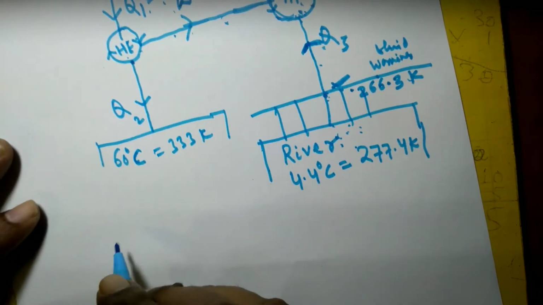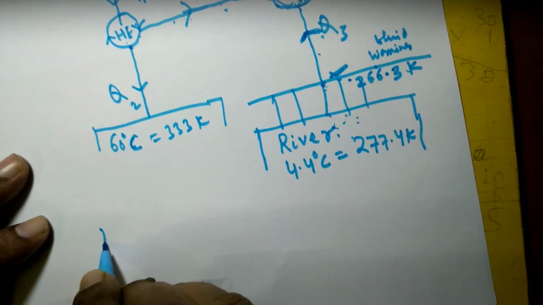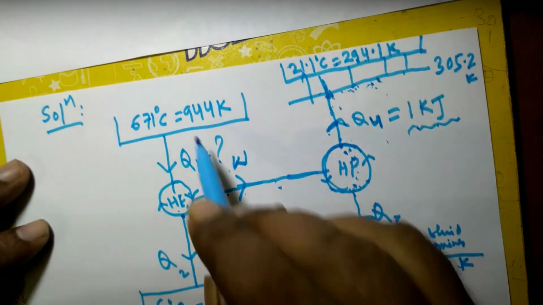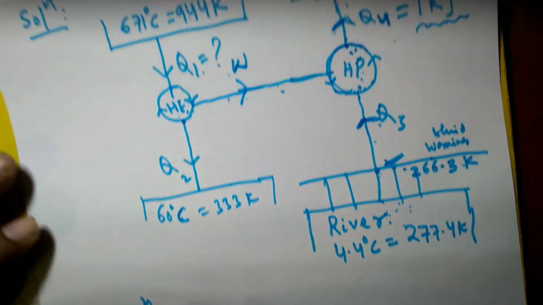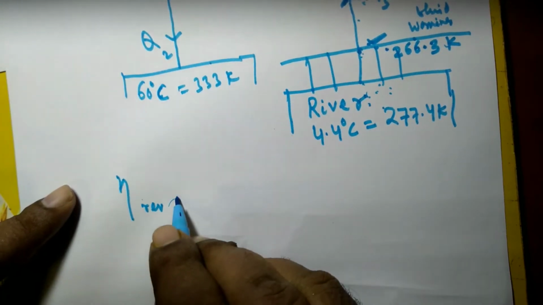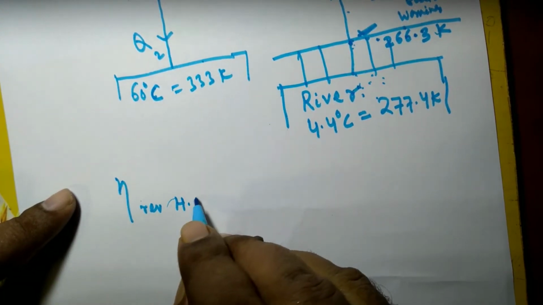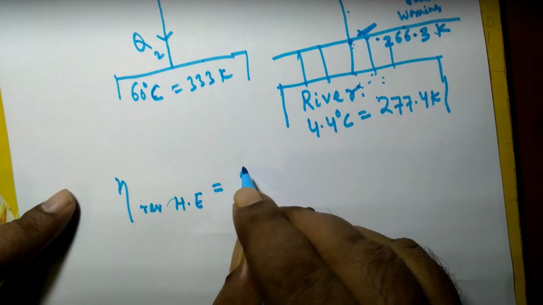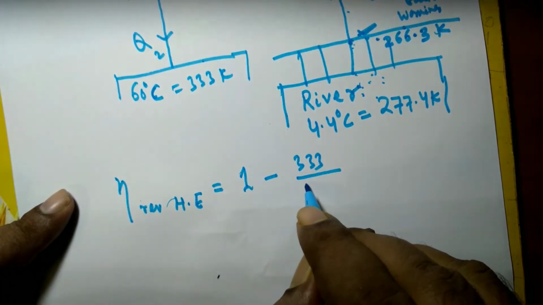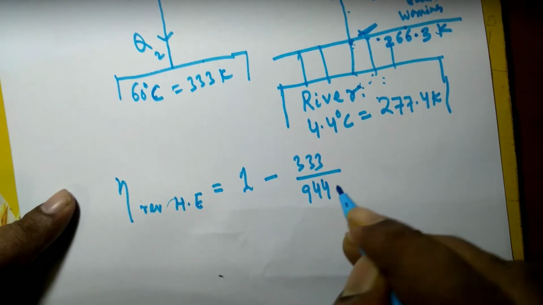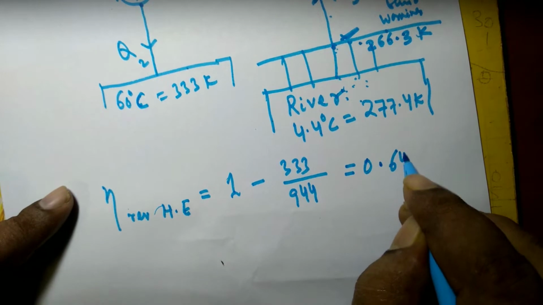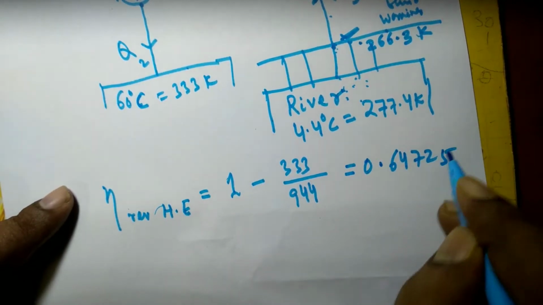And as per the given data, you see, the efficiency of a reversible heat engine that operates between 671 degrees Celsius and 60 degrees Celsius is obviously 333 divided by 944, that is equal to 0.64725.